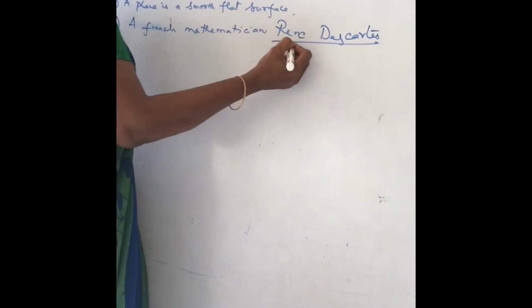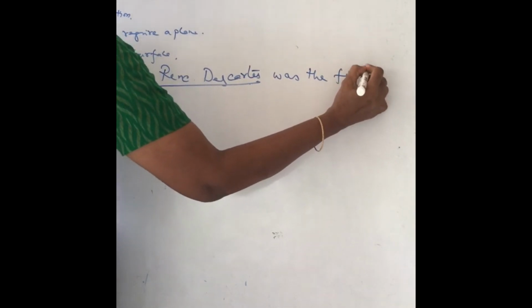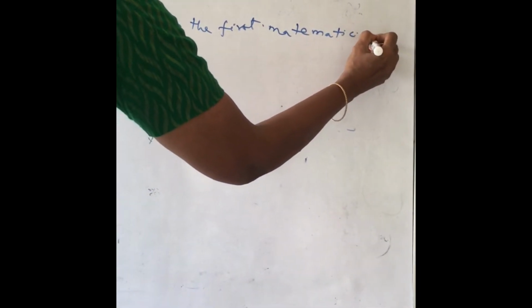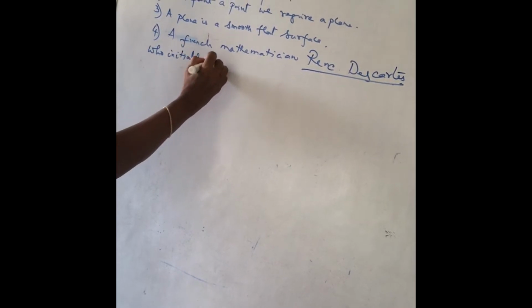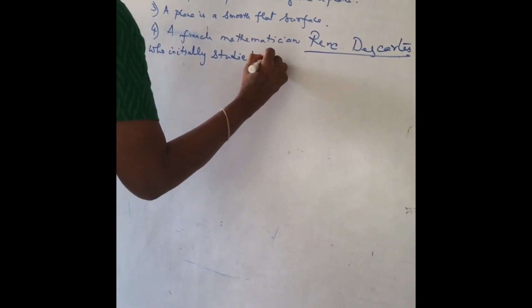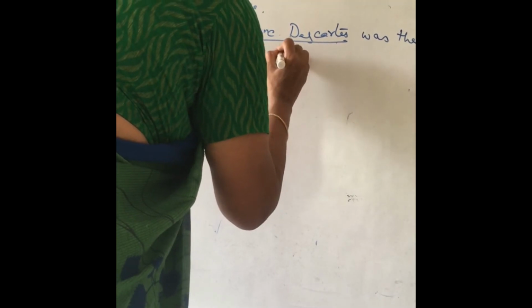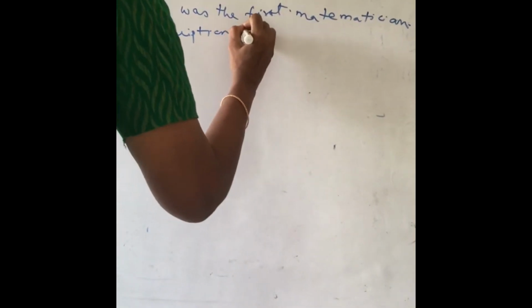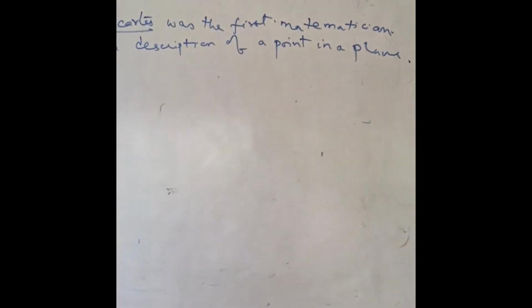He was the first mathematician who initially studied and developed the description of a point in a plane. Yes, a point indicates its position.